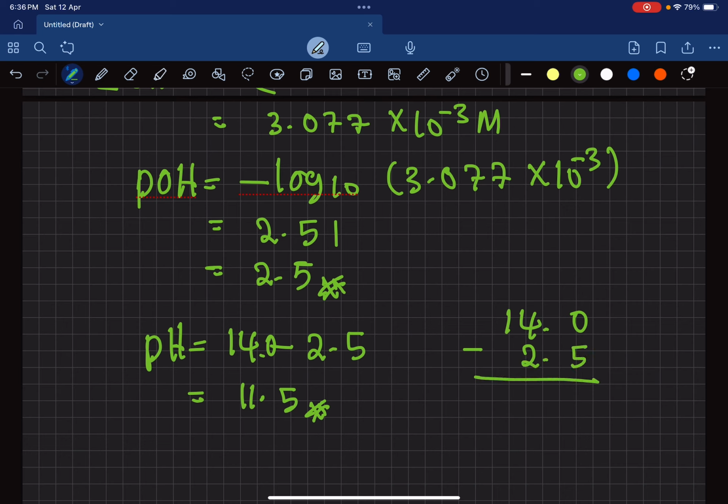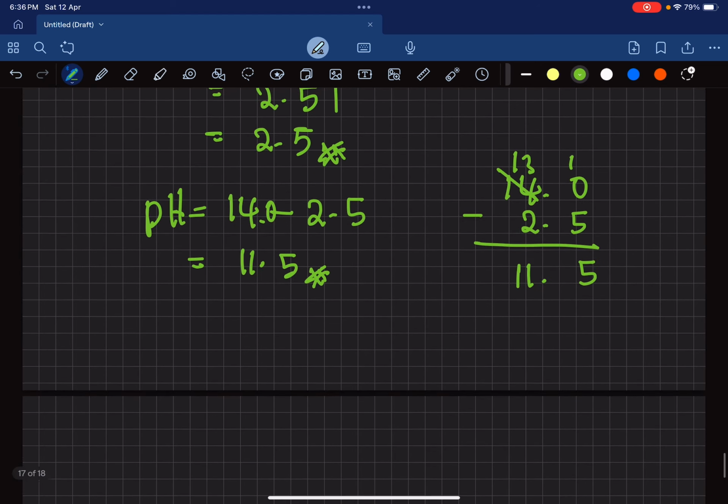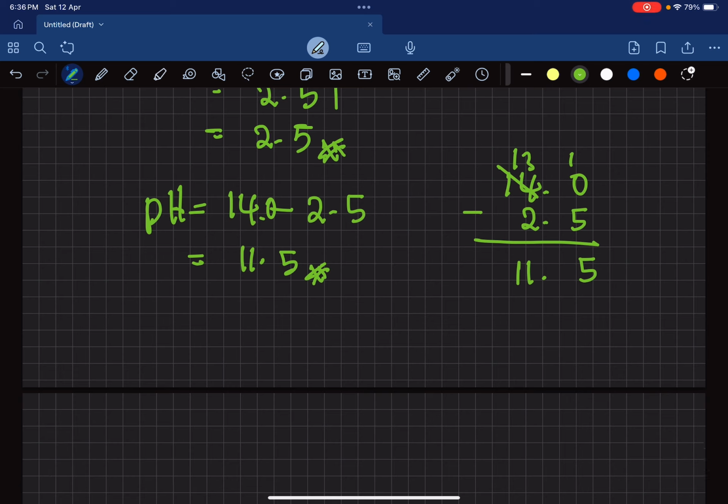13 minus 2 is 11, so the answer is 11.5. Because we are subtracting, not multiplying, we leave our answer by decimal places, so it's 11.5. But let's say some of you decide, I don't want to use 14.0, I'm going to use 14 minus 2.5.